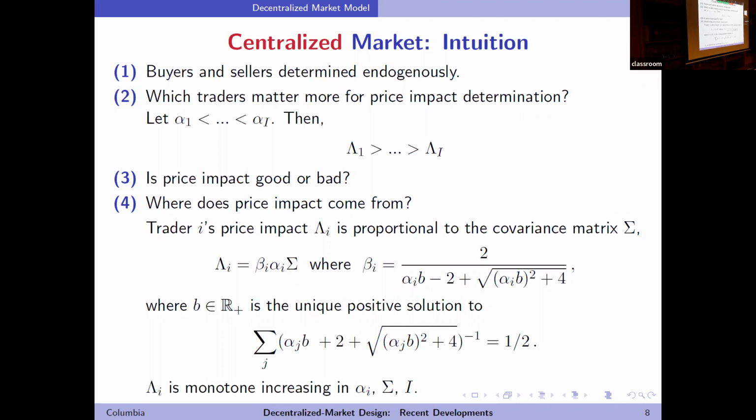How do I shade my order? Well, I reduce my demands and supplies in response to my price impact, which is defined by my residual market. So the sellers are facing a less elastic residual market than the buyers. They will shade their order more.